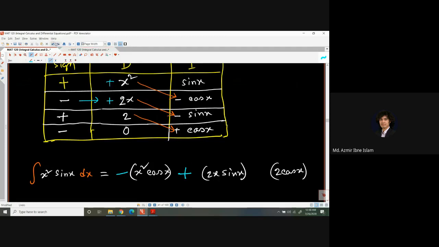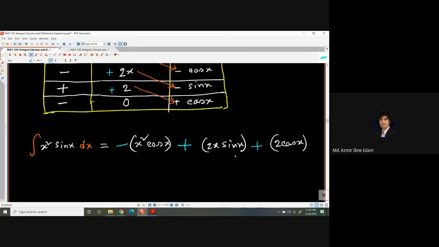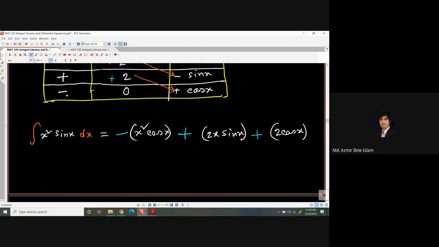For the last part, 2 cosine x, we have positive, positive, positive, so the sign is positive. Here we have negative x squared cosine x plus 2x sine x plus 2 cosine x. This is our final answer or antiderivative for this integral.